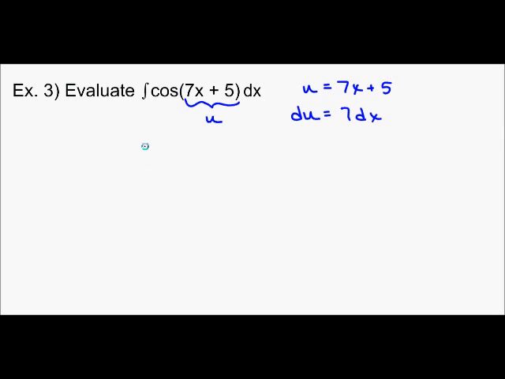Let's rewrite this. Integral of cosine u. Well, oh gosh, I jumped the gun here, didn't I? There's no 7 in this problem. I need to move that 7. So I really have 1/7 du equals dx.